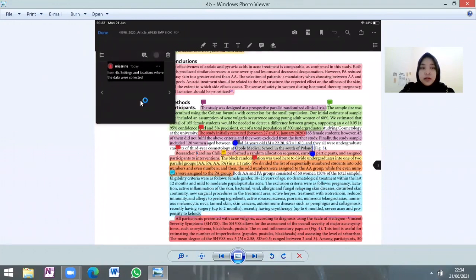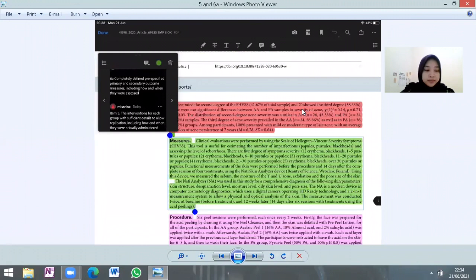The next item, number 4B, settings and locations where the data were collected, is also reported on page number 5. The location is the Opole Medical School in the south of Poland.